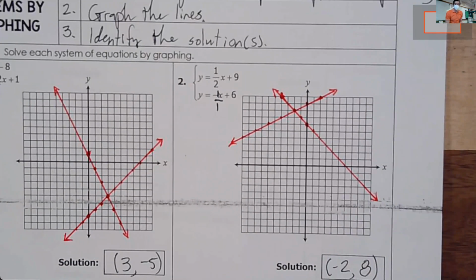And then we're going to take a look at the next 4 problems on the next page. We're not going to do the last 2.